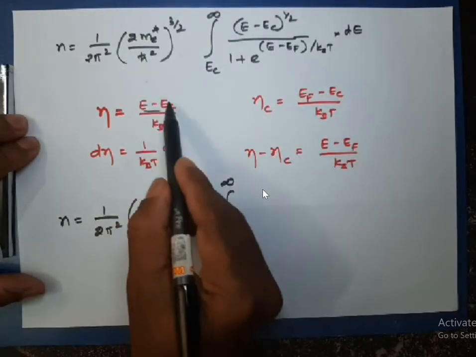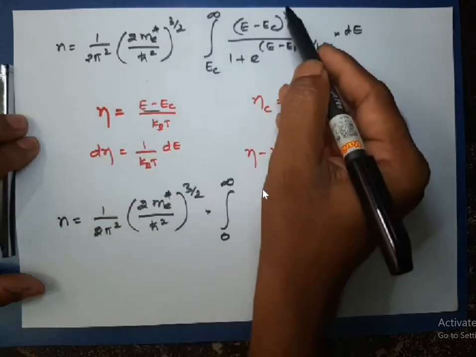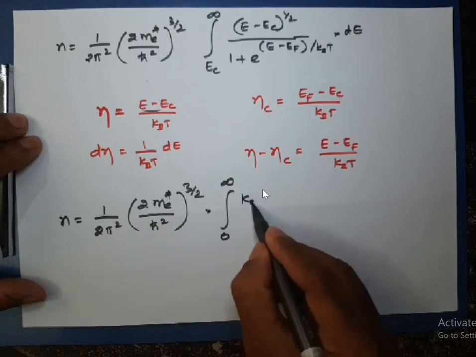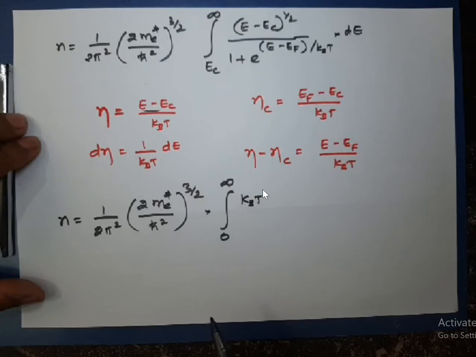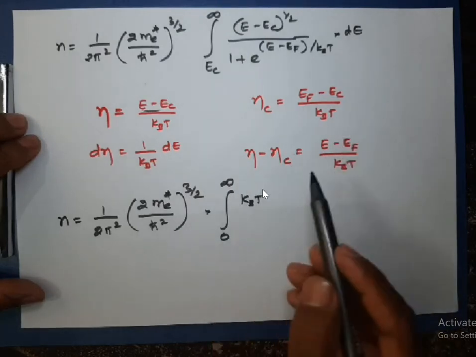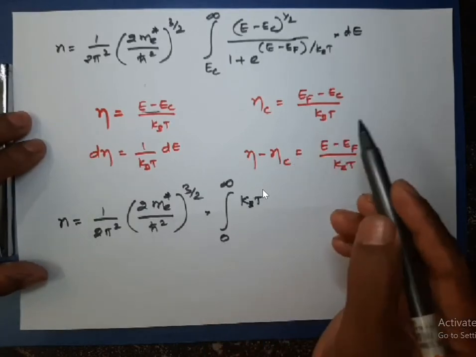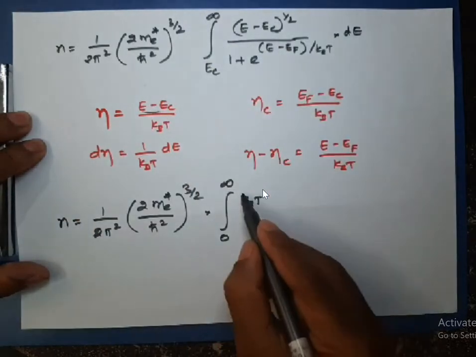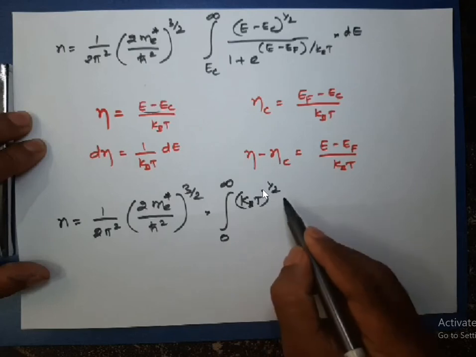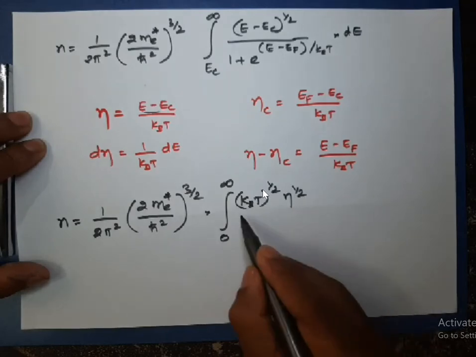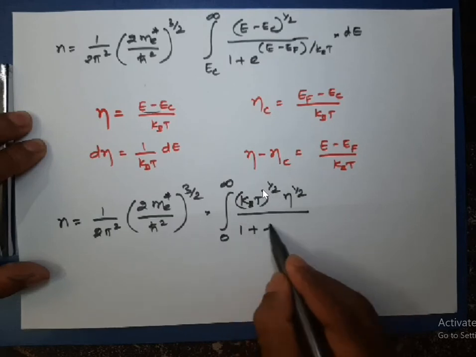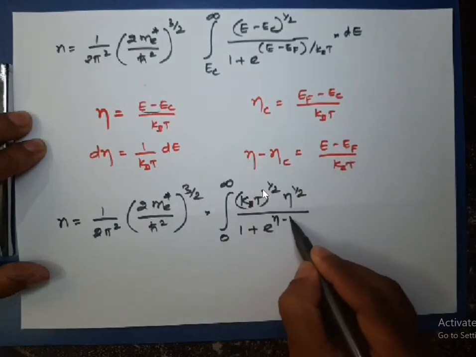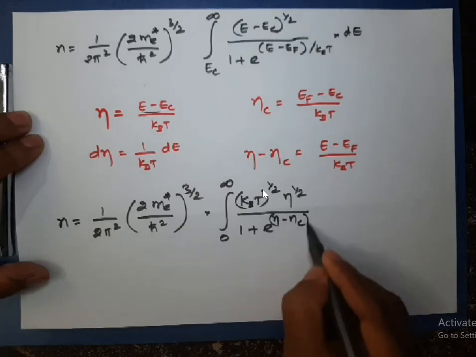Then E minus EC is eta into kBT, and with the whole power half, I can write kBT power half and eta power half, divided by 1 plus e power (E minus EF) by kBT, and (E minus EF) by kBT is eta minus eta C. I'll keep them as such.